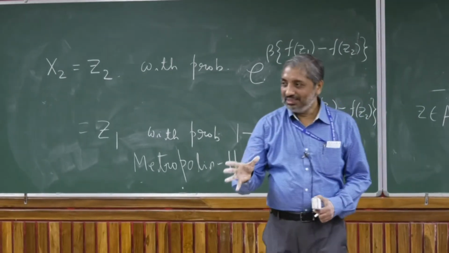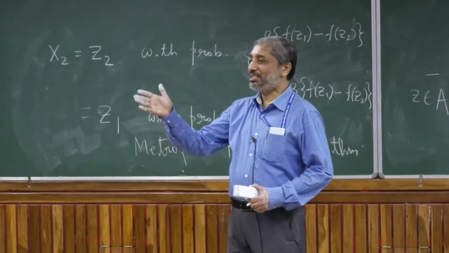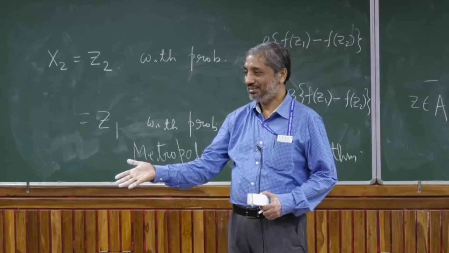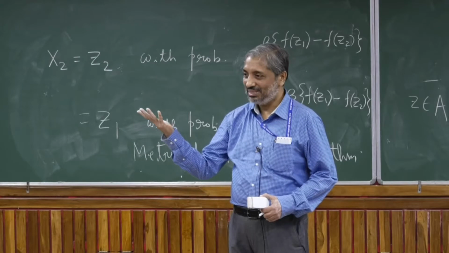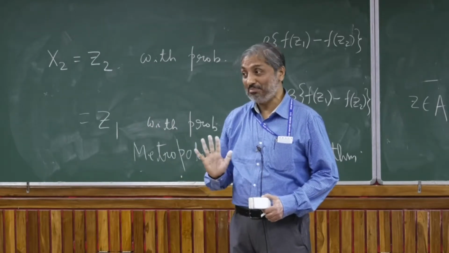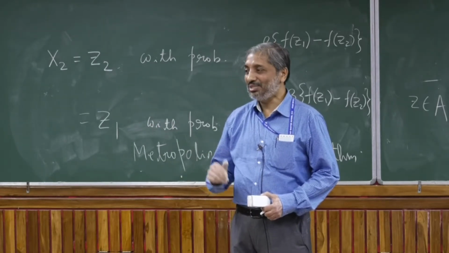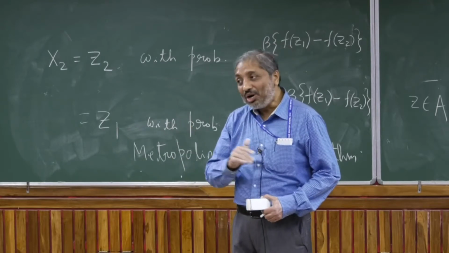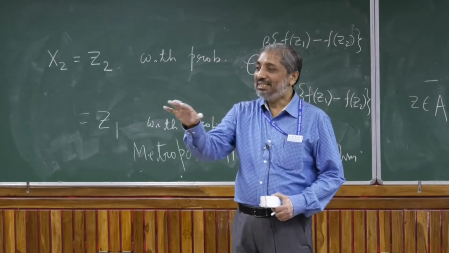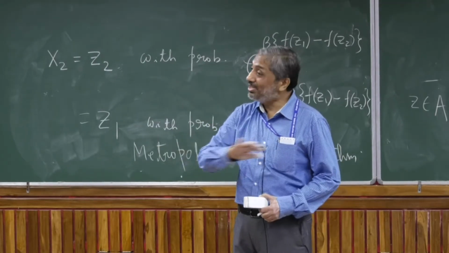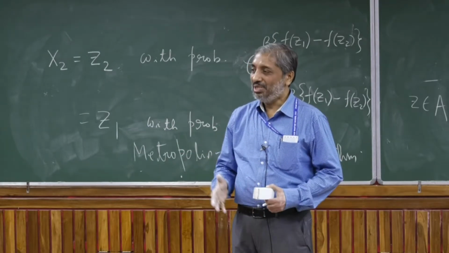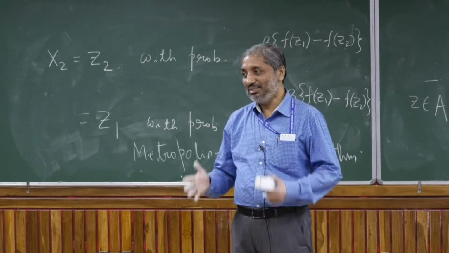Larger the beta, my distribution has higher chance of selecting the minima. That's the role of beta. But I am doing it for a fixed beta as of now. Okay? So the limiting distribution that I will be creating by this procedure is not going to give me that uniform distribution only on the set of minima, but close to that probably. If I do this for a large enough beta, it will give me that.